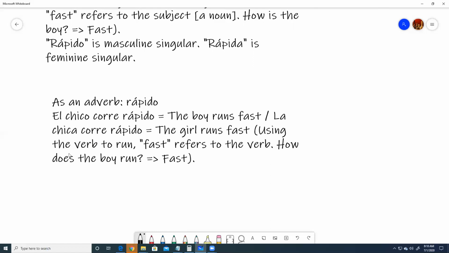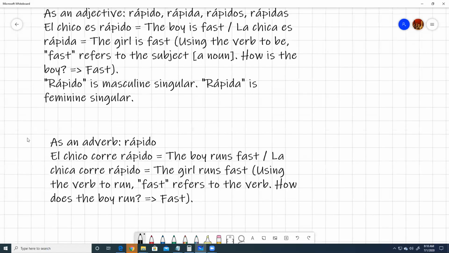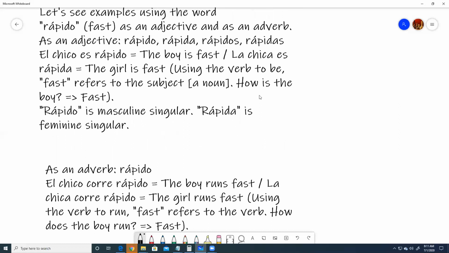In this case, using the verb to run, correr, fast refers to the verb. How does the boy run? Fast. So fast is about the verb to run. In the previous case, fast was about a noun. So how is the boy? Fast.